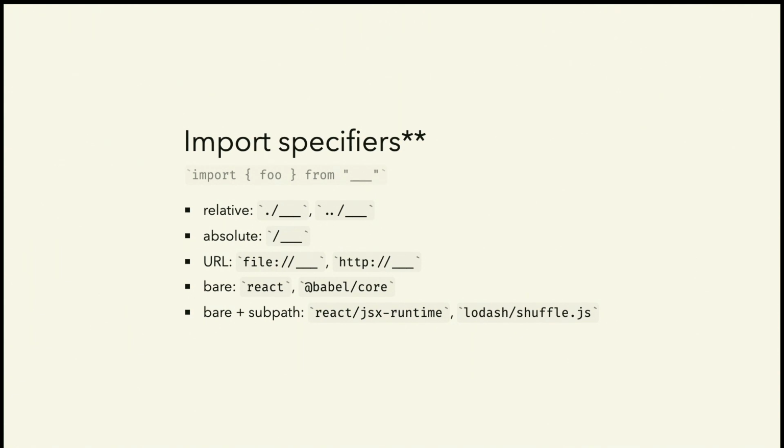And then you have bare import specifiers, which are the special ones, and that's where the tricky part comes in. Bare specifiers are basically everything else, those that don't start with dot slash, dot dot slash, slash, or a protocol. So stuff like react, or if you have a scope like @babel/core. And then you have bare specifier and then subpath, which just means you have slash something there.